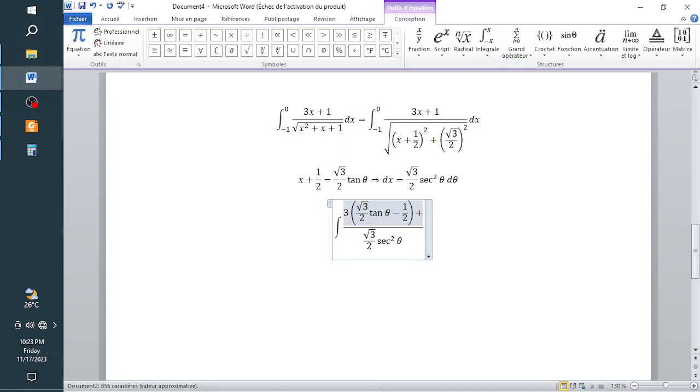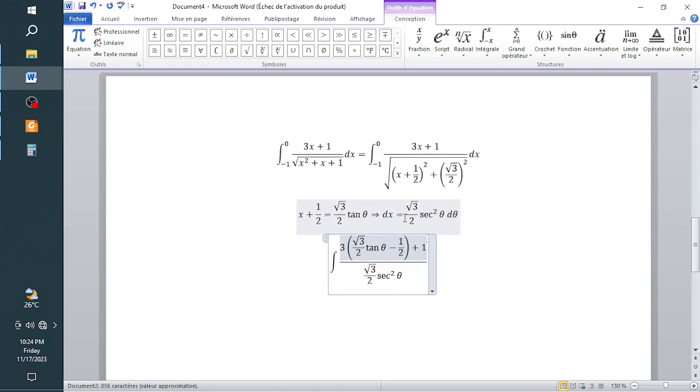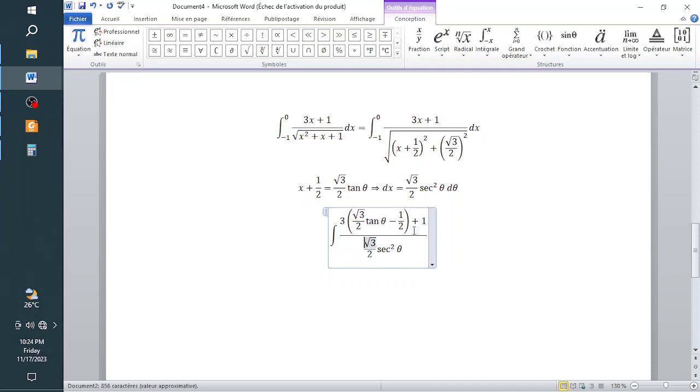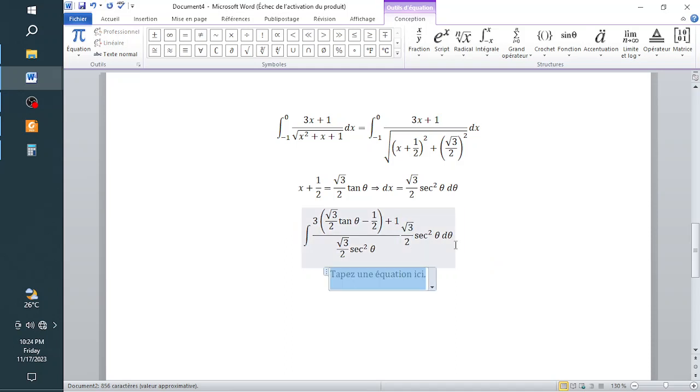So this is 3x. Now we need to add 1 to it according to this, and then we multiply everything now with the dx, but the dx is simply root 3 divided by 2 sec squared theta d theta. So this is it. Now let me just write it so that you should not miss steps. So you see that this here cancels with this here, okay, they cancel, and you're left to integrate.